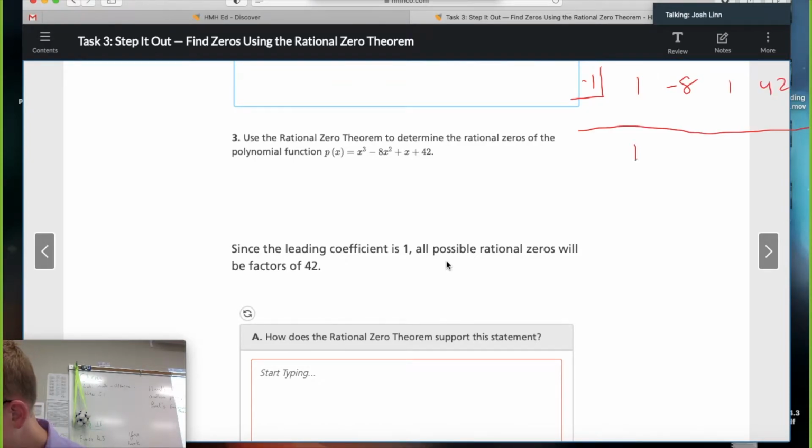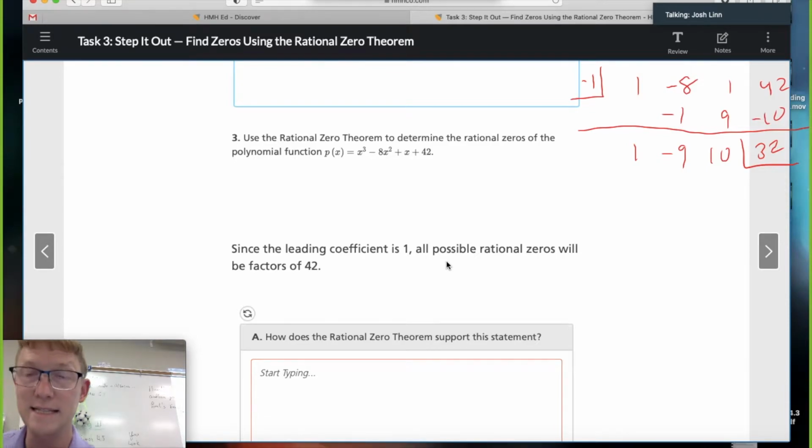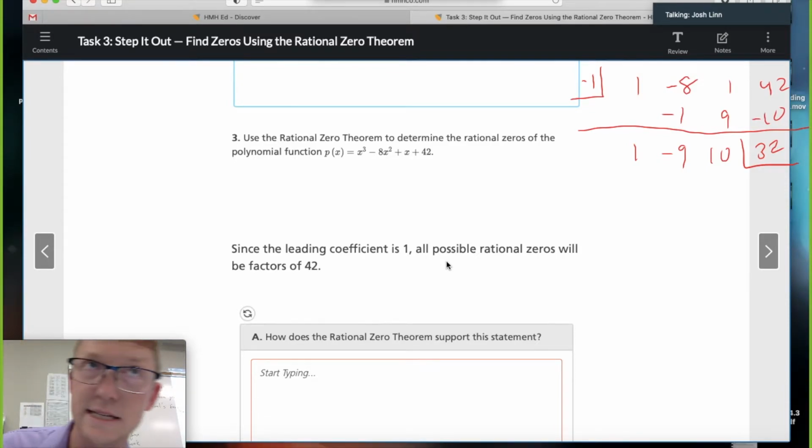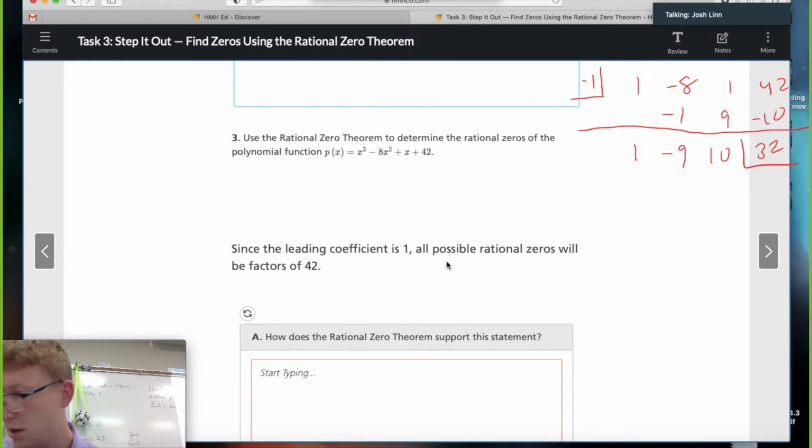So 1, negative 1, negative 9, 9, 10, minus 10, 32. Okay, so we have a remainder there, so that's not 1. That's not a 0, or I guess that's not a root of this function.